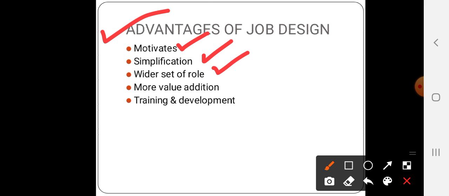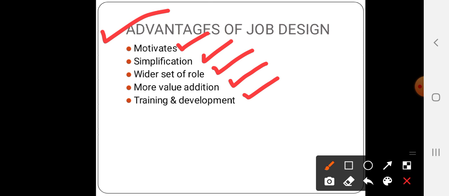Next is a wider set of roles. Effective job design can expose the employees to a wider set of roles and help them understand the best role suited for them. Next is more value addition. The job enrichment method ensures more value addition and decision making power, which ensures personal as well as professional growth of the employees. Next is training and development. It also identifies what kind of training and development is required to increase employee productivity.